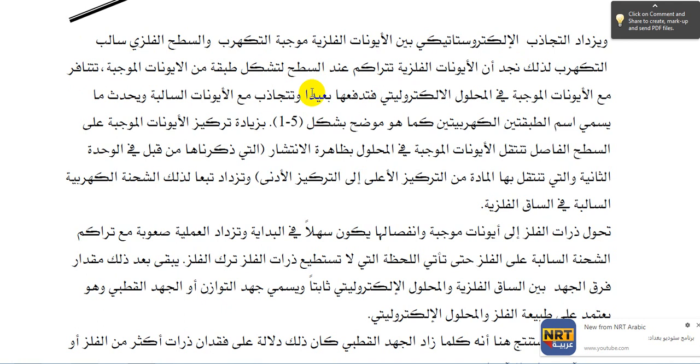They will be conjugated with the positive ions in the electrolyte, force them away, and interact with the negative ions, forming a distinguished interface called the double electrolyzed layer, as illustrated in figure 1.5.